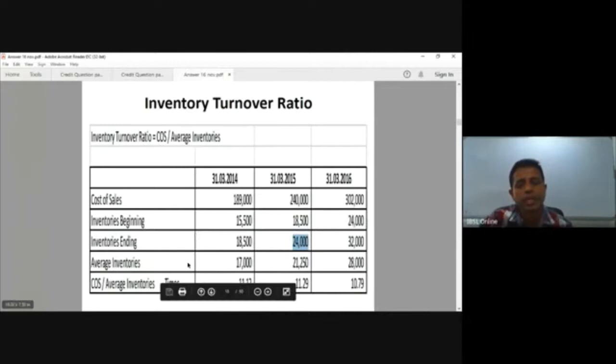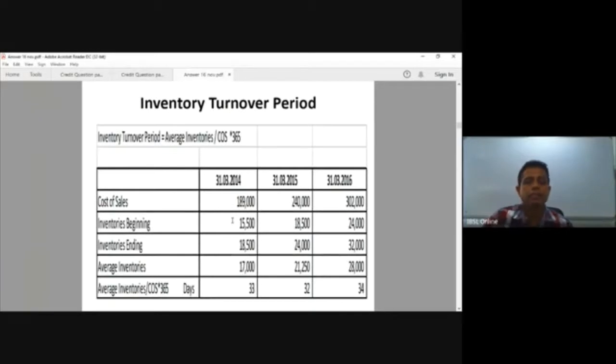Then calculate the average inventory by adding these two and dividing by 2. Then you can calculate the inventory turnover period. That is average inventory divided by cost of sales, into 365.